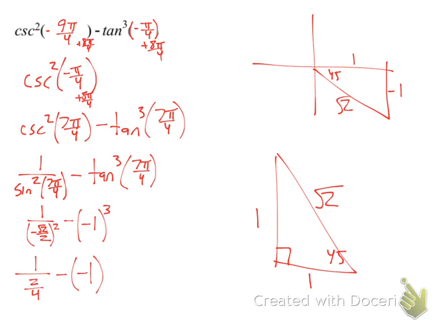Still negative 1, which eventually will become positive. Might as well fix it. And what happens when I flip it? I can reduce that right now if I really felt like it. The 2 over 4 really becomes 4 over 2, and 1 divided by 1/2 is 2. So it's 2 plus 1, which is 3. You could have just done 4.